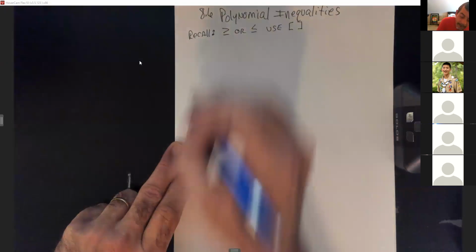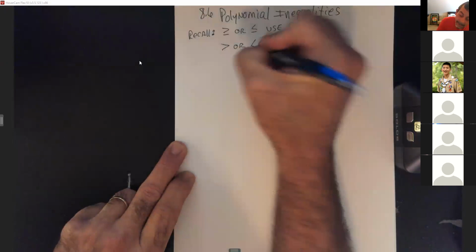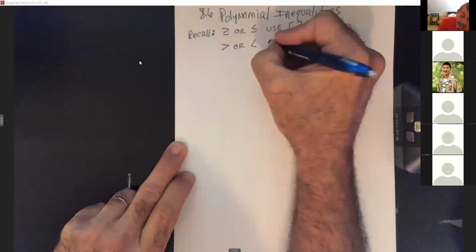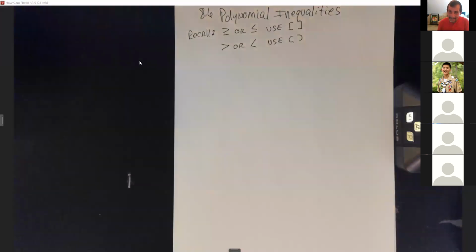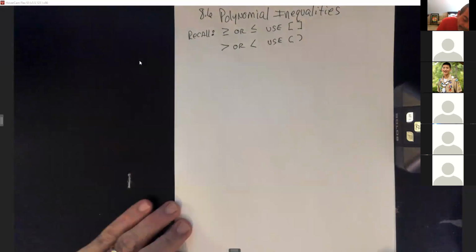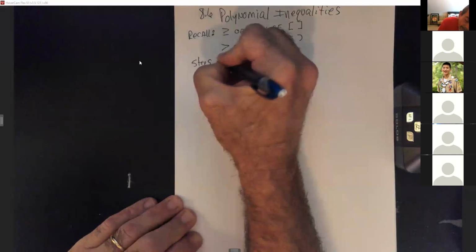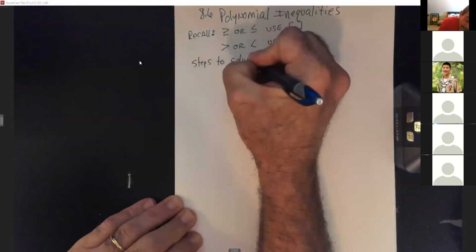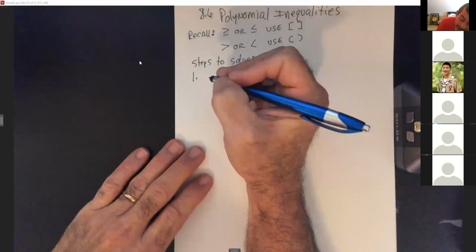If it was greater than or less than, we had to use the curvy parentheses. Okay? So, the steps to solving. You're going to get everything on one side equal to 0.